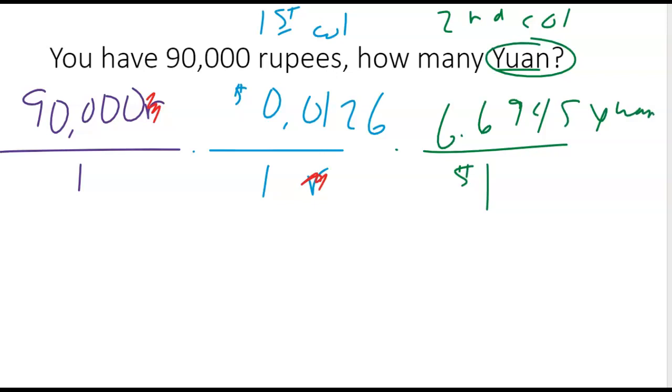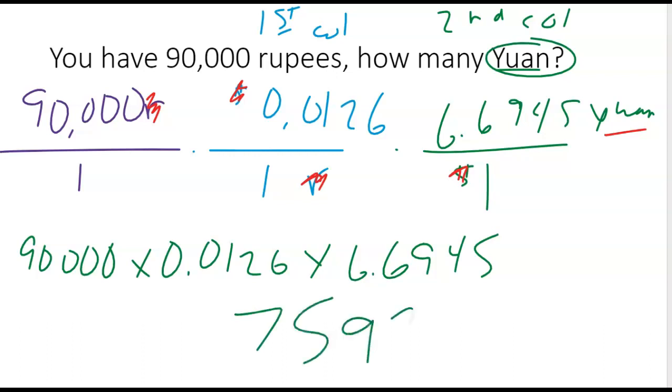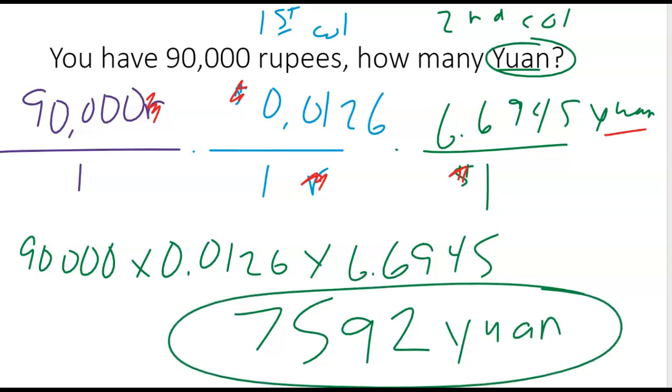So this gets us out of US dollars into the Chinese yuan that we want to be in. So we multiply straight across. 90,000 times 0.0126 times 6.6945, and we end up with an answer of 7,592. I'm just going to round to the nearest. And that's where we are.